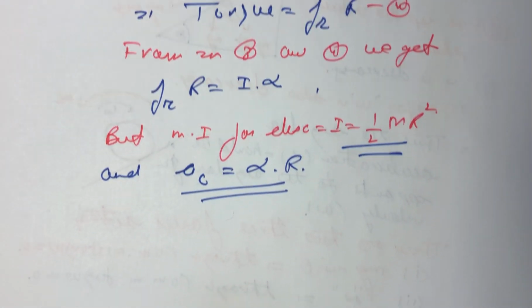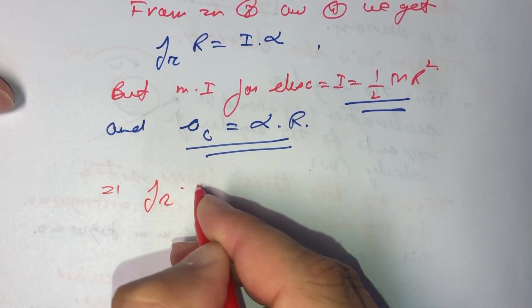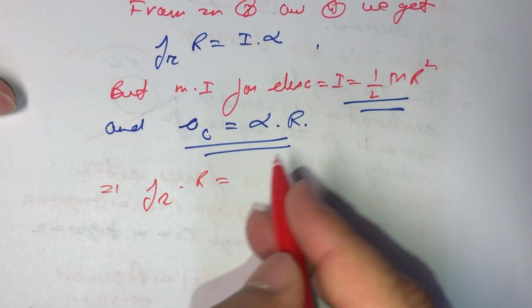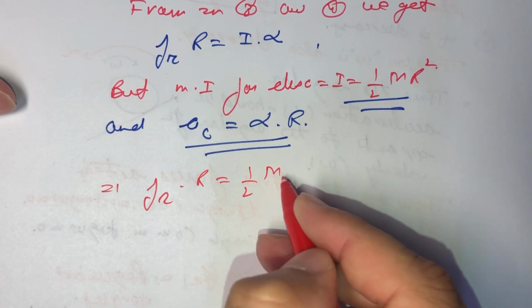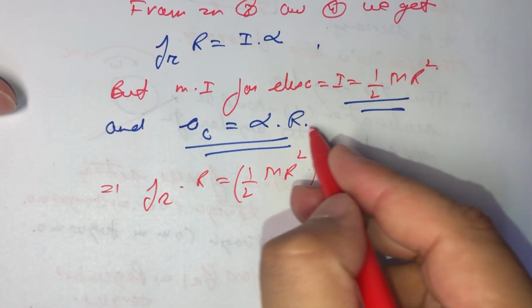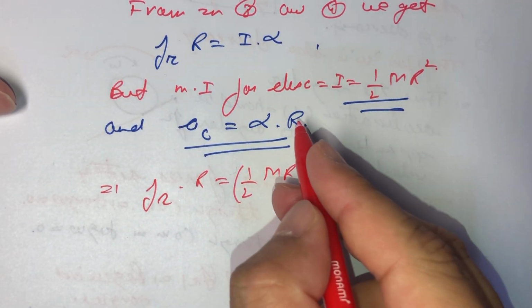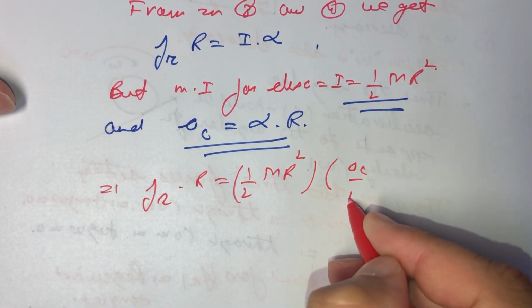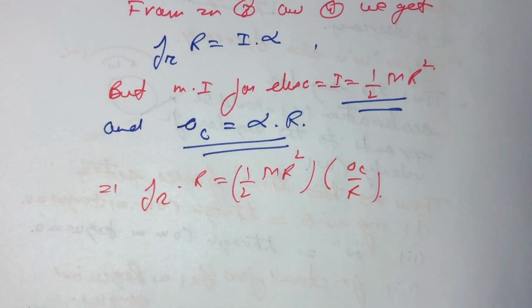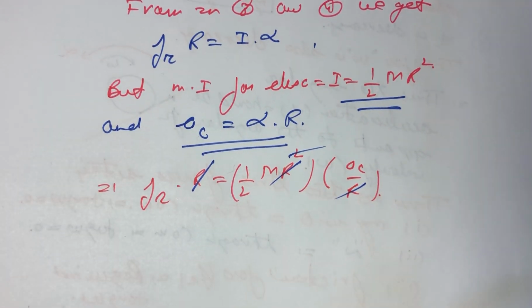Therefore we can write it as Fr multiplied by R is equal to I, which is half m r square, multiplied by alpha, which will be equal to AC upon R. So here R square and this R goes.